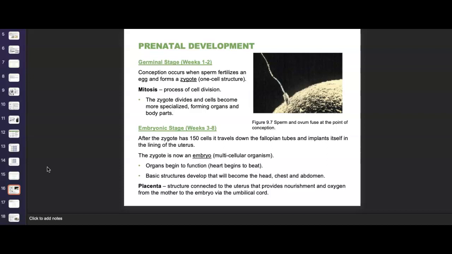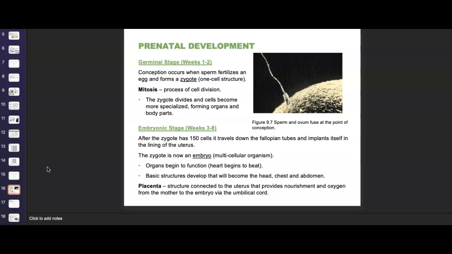From there, you get to the embryonic stage. Okay? This is the 3 to 8 week stage. We then transfer the zygote term to an embryo term. This happens after the zygote has 150 cells, travels down the fallopian tubes, and implants itself in the lining of the uterus.